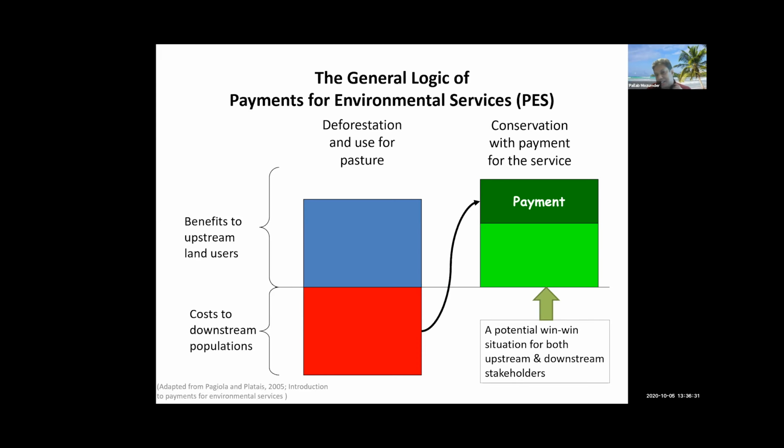In general, it's basically a contract between upstream and downstream, or different locations, different groups of people. You come up with some sort of contractual mechanism, in terms of land use or water quality or different things where you want them to behave in a certain way.